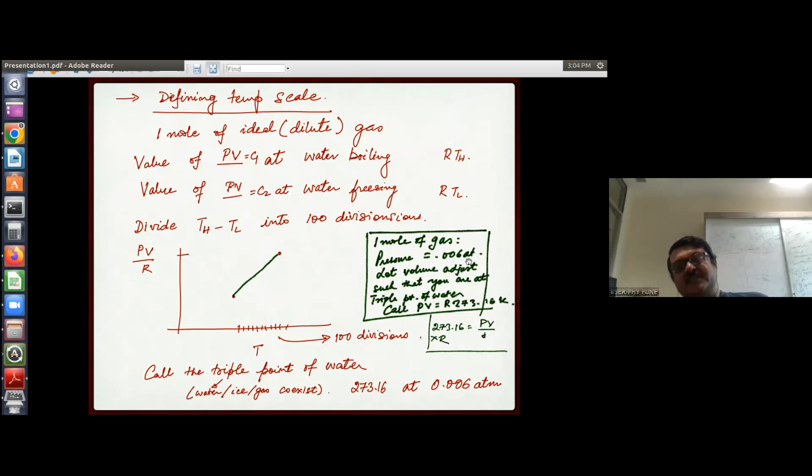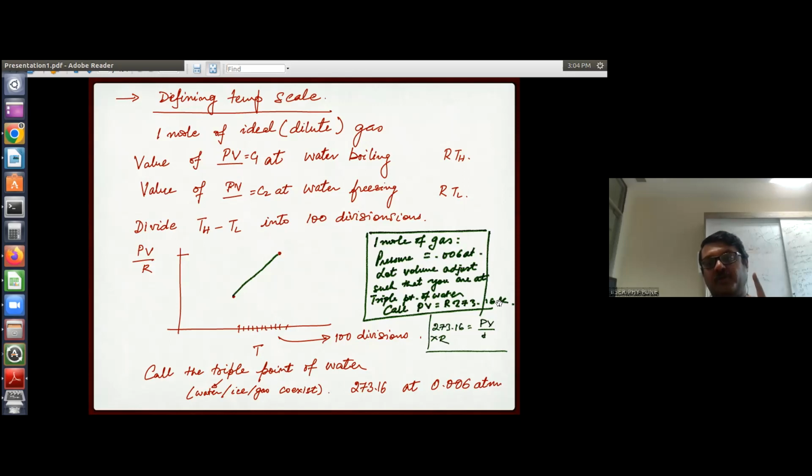So once you reach the triple point of water, whatever is the value of PV, if you took R to be fixed here, T will automatically come out. You have some value of this, divide by R, and that will come out to be 273.